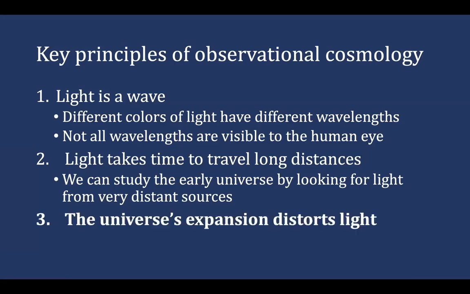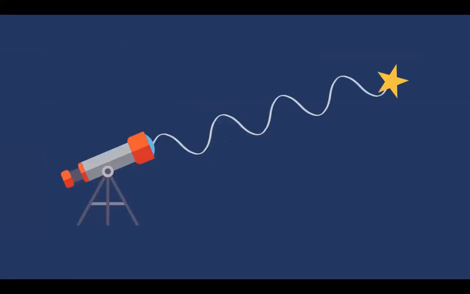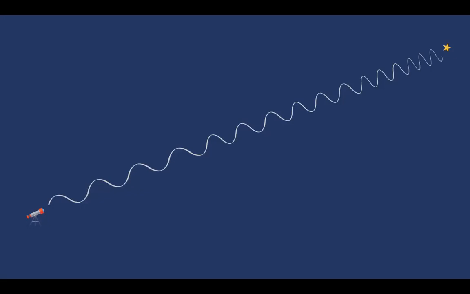And the last principle of observational cosmology is that the universe's expansion distorts light. So once again, if we imagine a star and our telescope is measuring the light waves from that star, but we then consider that that star or potentially that galaxy is very, very far away.